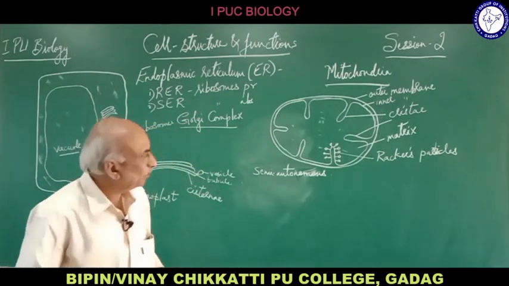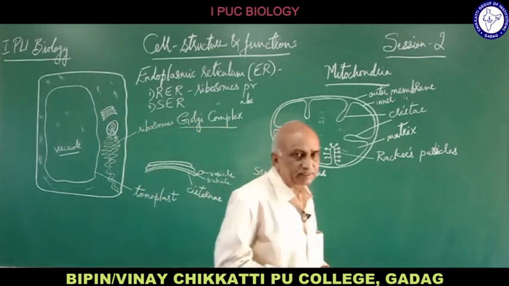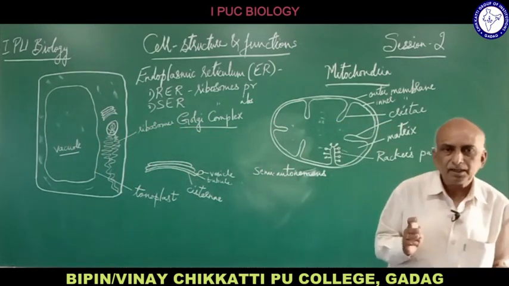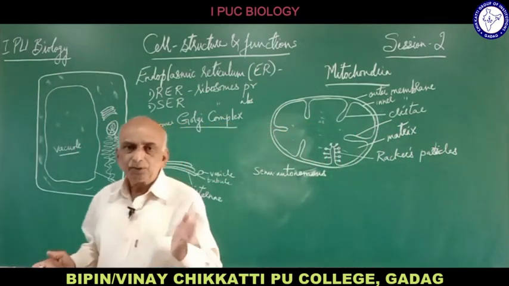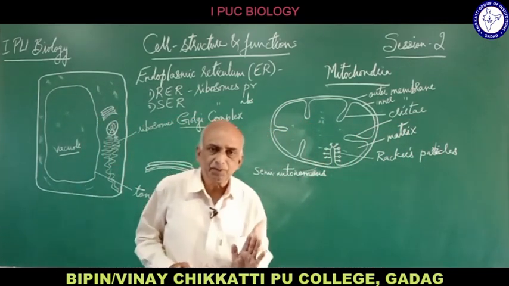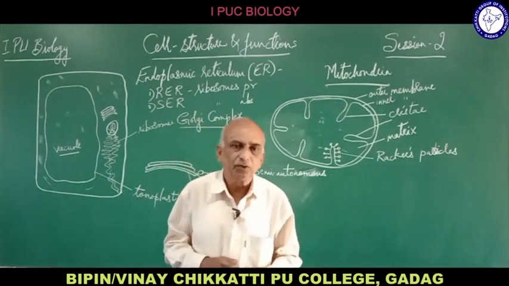Now whenever a cell divides, suppose there are 100 mitochondria and the cell divides into two, then almost 50 and 50 mitochondria will be shared between the two daughter cells.